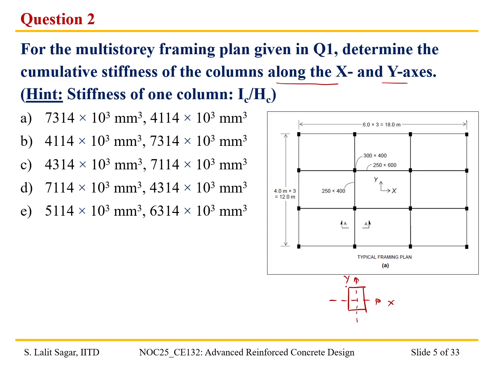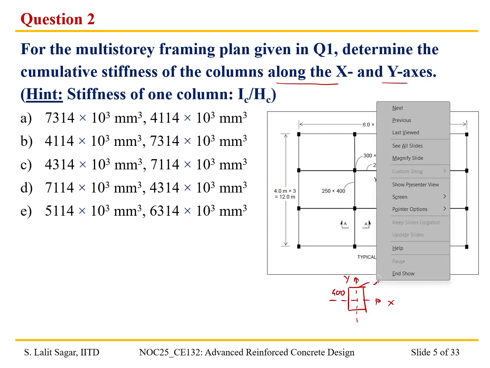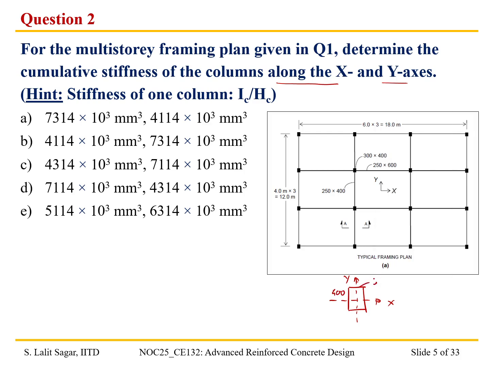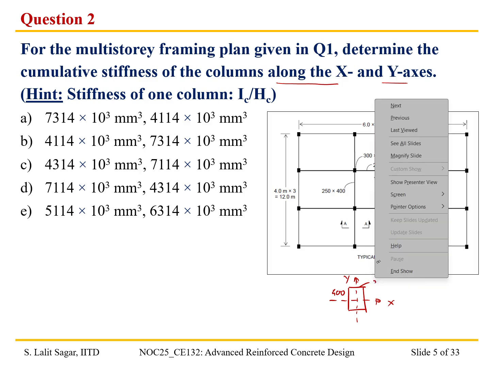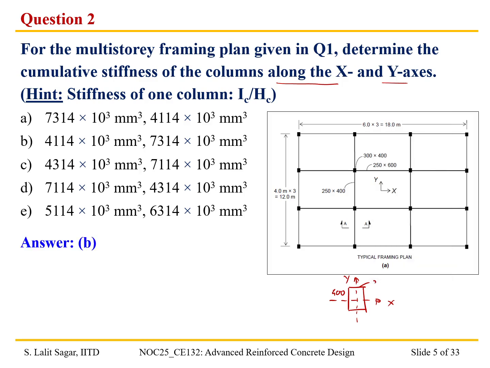So then it would be, I'm going to write the dimensions over here. So this vertical dimension is 400 millimeter and this horizontal dimension is 300 millimeter, right?